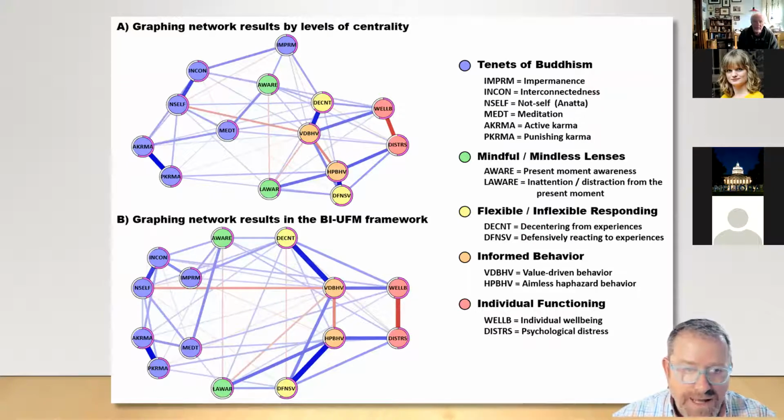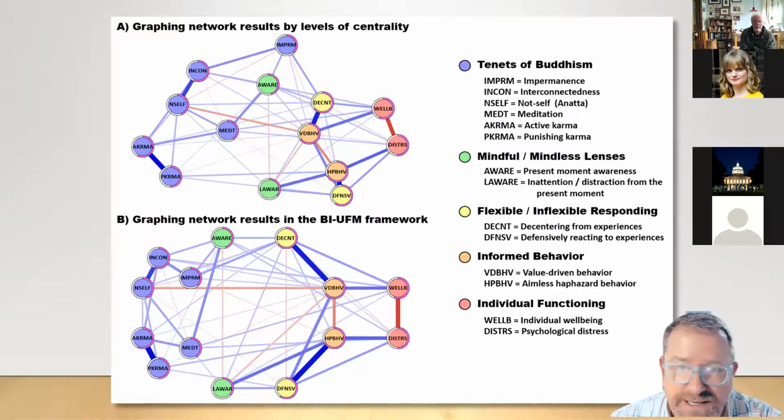So this is using one of those spring graphs, where you graph it based on how central things are. And you can see we roughly got the stages: the forms of mindfulness predicting present moment awareness, predicting decentering and defensiveness, predicting value-driven behavior and well-being.